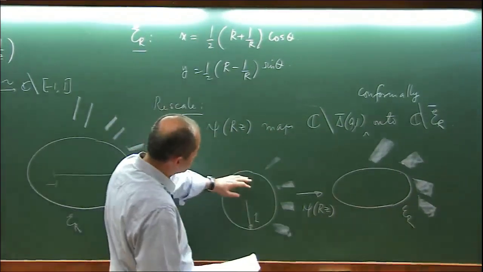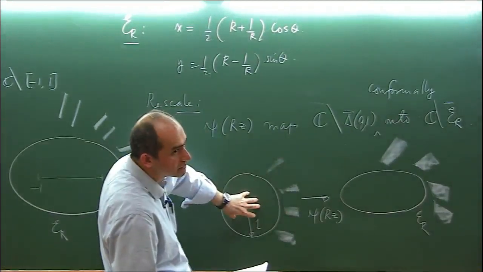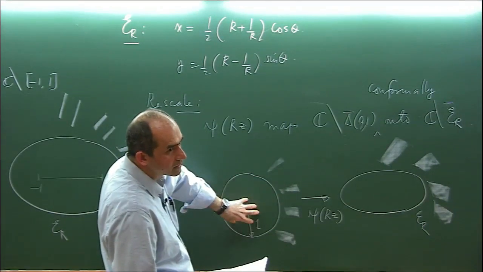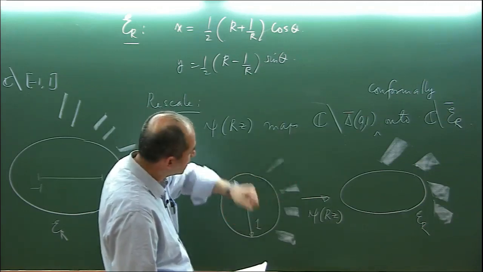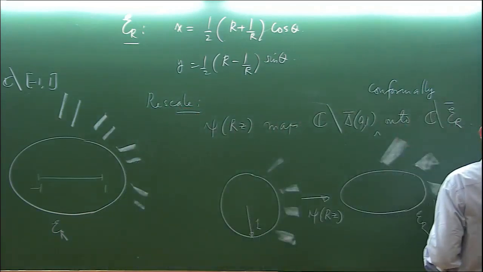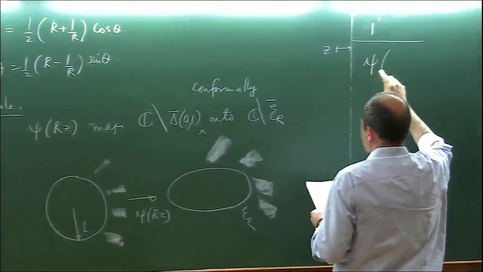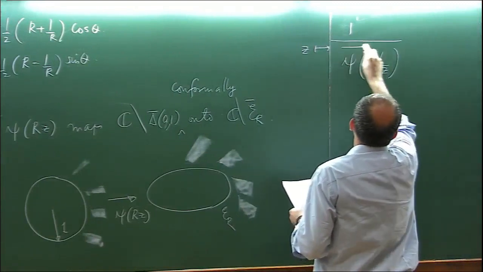So what we can do is, I will first reflect this map to get a map inside the unit disk here. But reflection is conjugate holomorphic, so I need to take one more reflection. So what this amounts to is looking at the map z going to 1 divided by psi of r by z bar, bar.